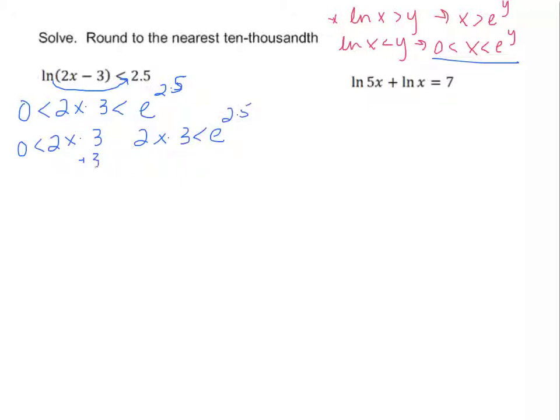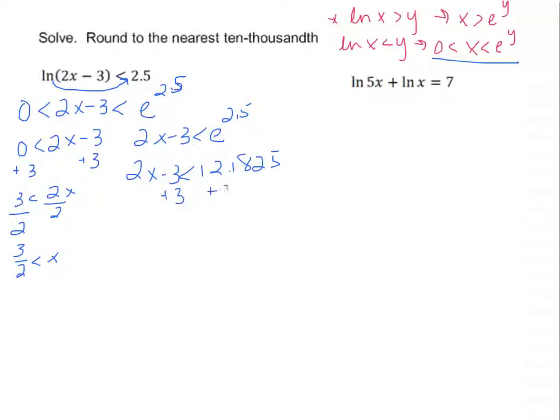So for this left-hand one, we'd add 3 to both sides and get 3 is less than 2x. Divide by 2 and get 3 halves is less than x. The right-hand side, you're going to have to use your calculator to figure out what e to the 2.5 is. E to the 2.5 is 12.1825, and leave it to 4 decimal places.